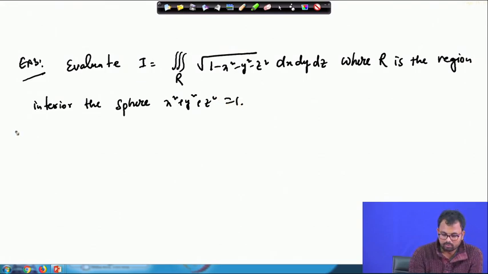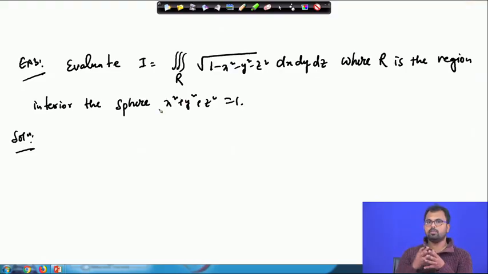So solution, here also what we will do basically is, R is the region which is the interior of this sphere. So, again the region R is bounded by this sphere S here, let us say.